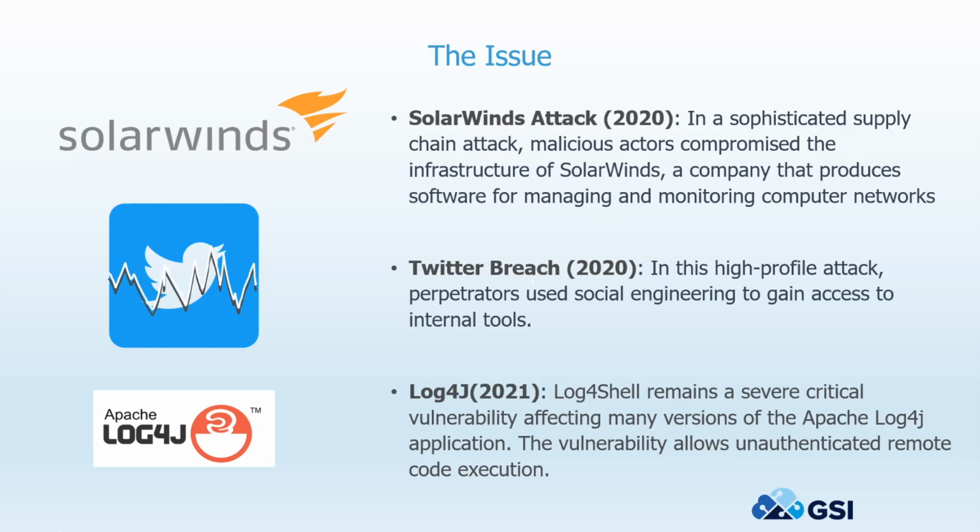There was the Twitter breach, which was more due to social engineering, but obviously a software company should be a little bit more acute to those sorts of attacks, and we can talk a little bit about how you can mitigate some of that.